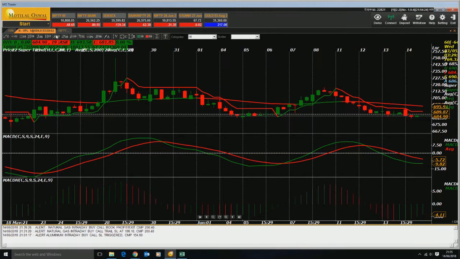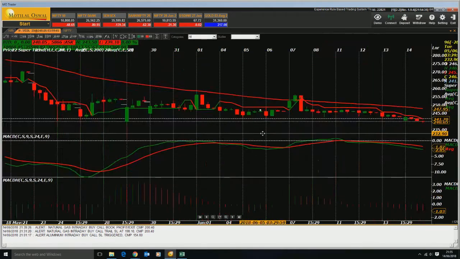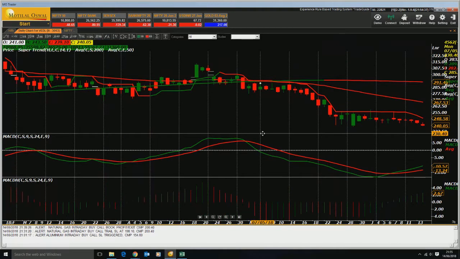Okay, only 4 left. VEDL. If I see VEDL Vedanta, it's a short on a daily chart, but I have conflicting information because it is giving me a MACD crossover in the upward direction and also the trend line, which is making conflicting information on the daily charts.